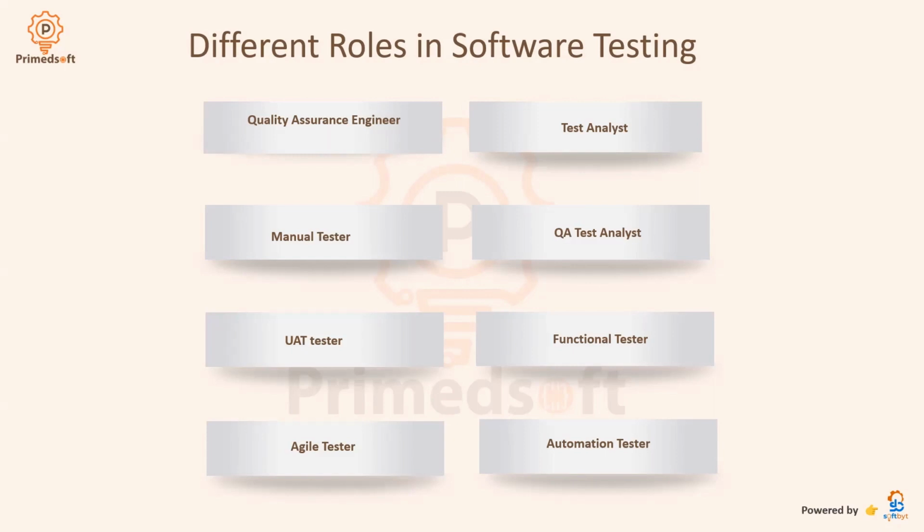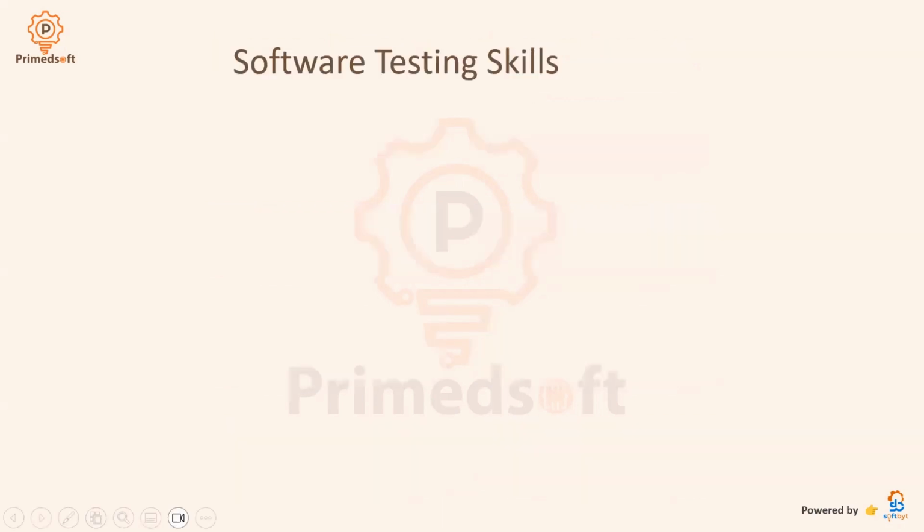When you are looking for a job, you can type quality assurance engineer, that's your role, that's who you are. You are a test analyst. You could be a manual tester if you're doing just manual testing. You could be called QA test analyst. You could be a UAT tester. You could also be a functional tester, right? You could be an agile tester. Sometimes they call it agile tester. It could be an automation tester, right? These are different roles when it comes to software testing, right?